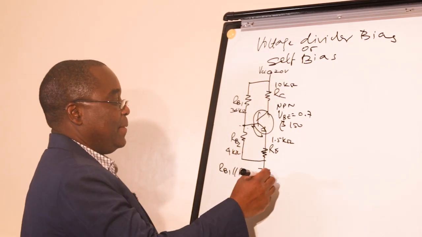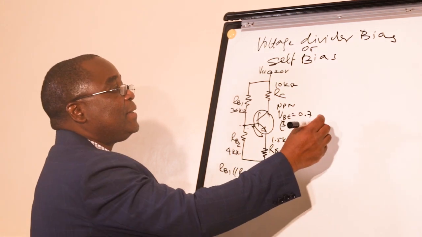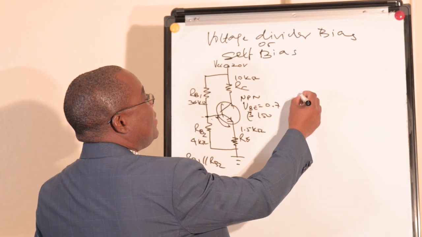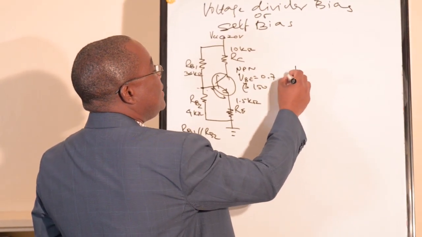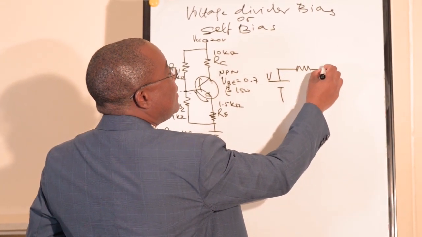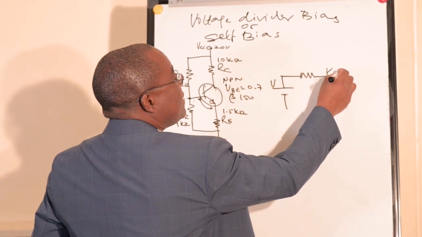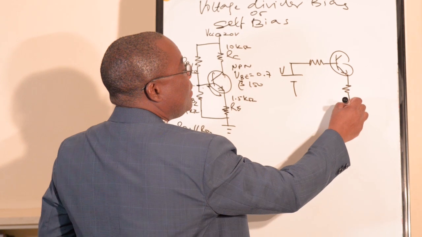So let's have the Thevenin equivalent of this circuit. This is our source, the Thevenin voltage. This is our Thevenin resistor. This is our NPN transistor here. This is our RE. We ground here.